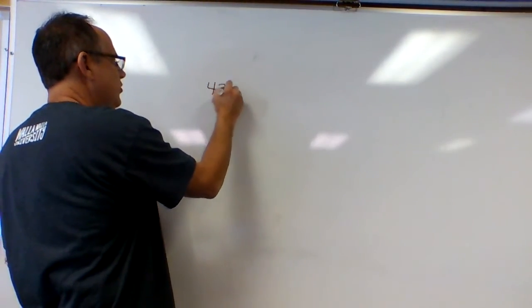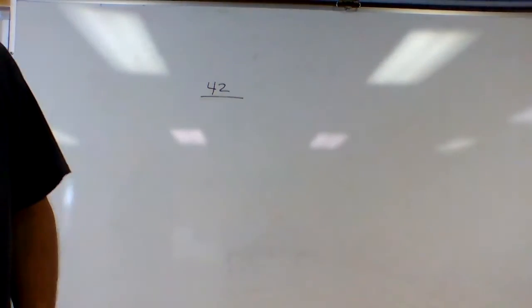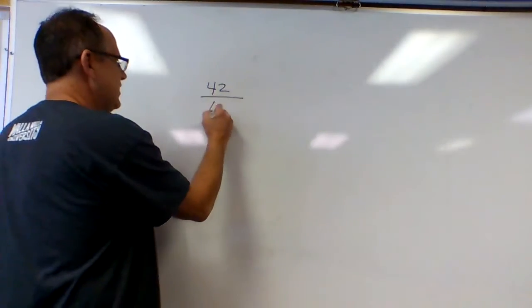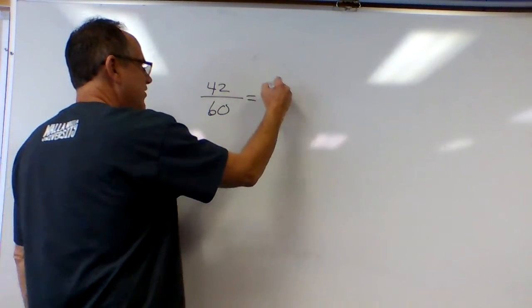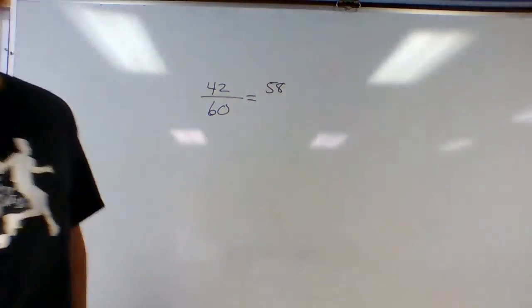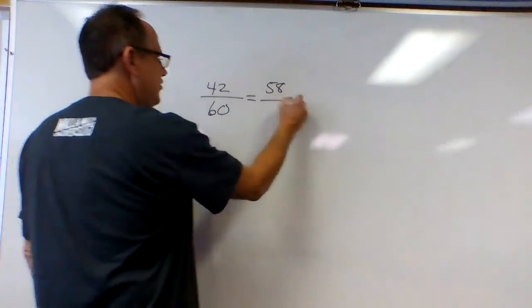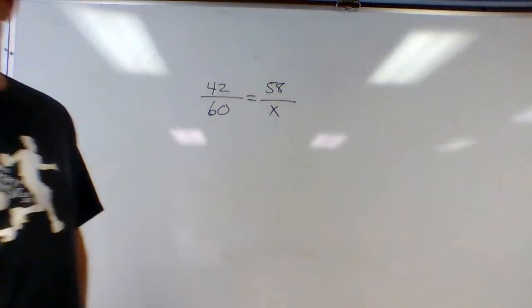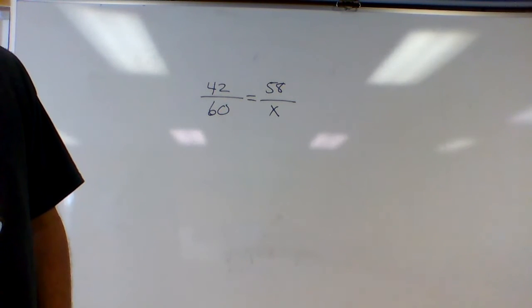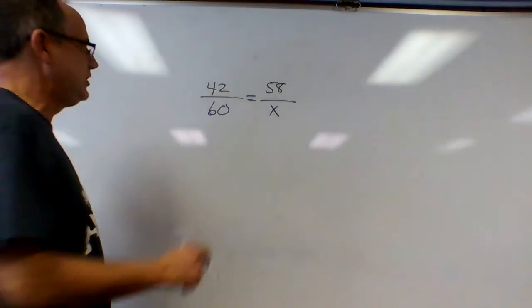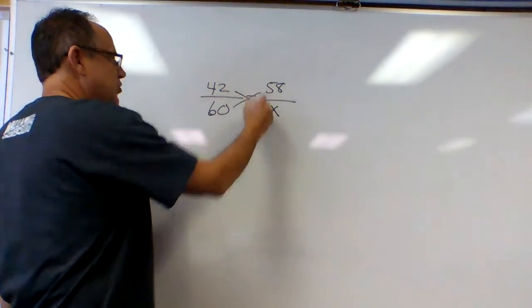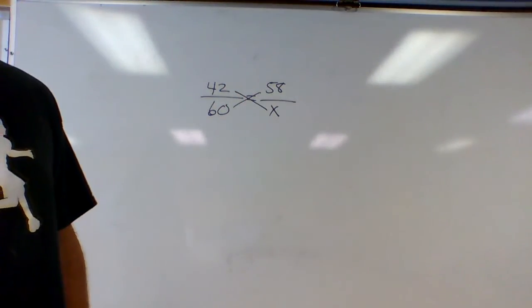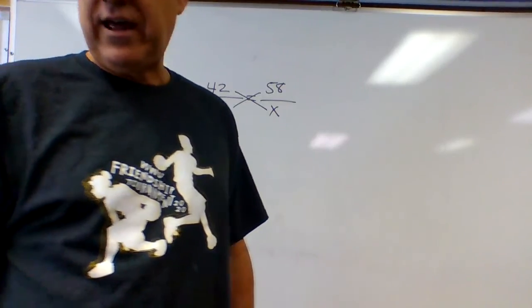So you're going to make a proportion where you would go 42 is to 60 as 58 is to X. So we're trying to find that other side, the frontage of the ocean. And then with that, we just cross multiply to take care of that.